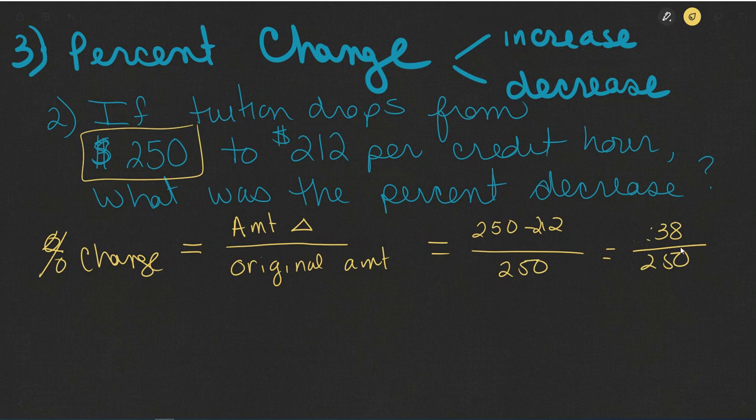If I divide 38 divided by 250, I get 0.152. I can change that to a percent by moving 2 decimal places.